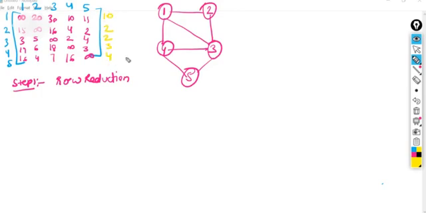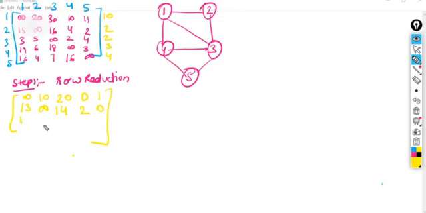Now you have to subtract each minimum value from its row, right? So what will be the resultant matrix here? Infinity, 10, then 20, then 0, 1, right? Then 15 minus 2, 13, infinity, 14, 2, 0.